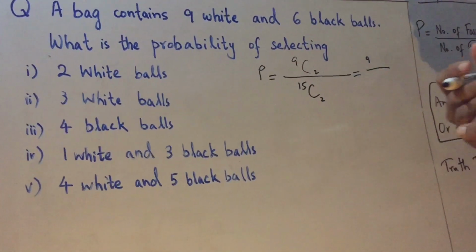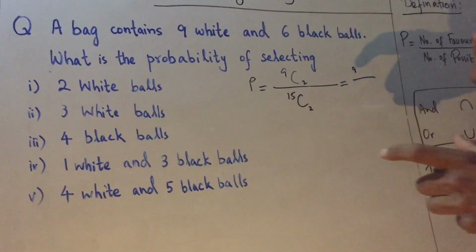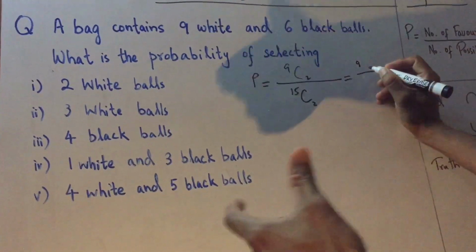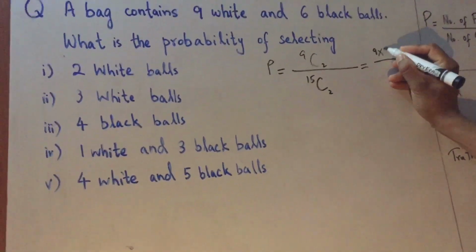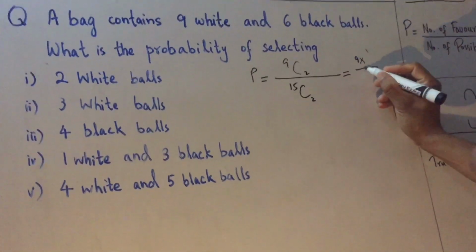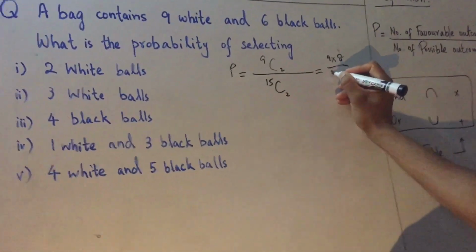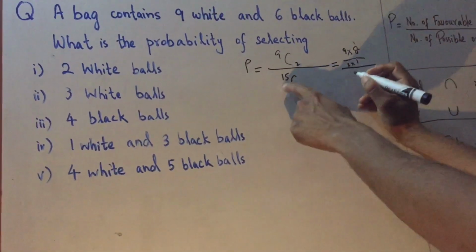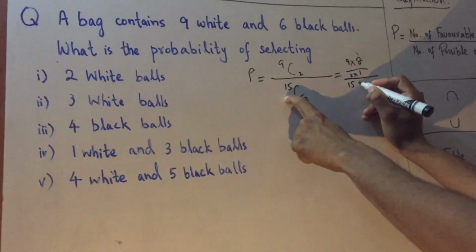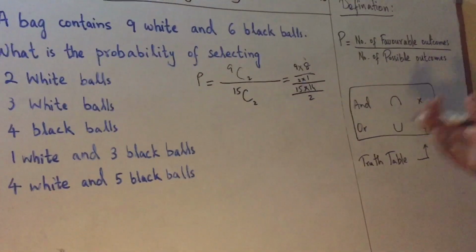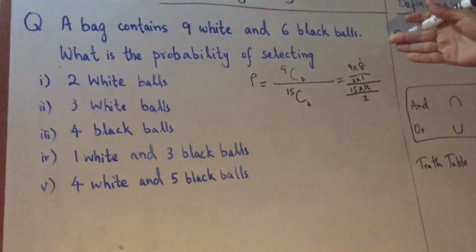So we use descending multiplication: 9 times 8 in the numerator, and in the denominator 2 times 1. Similarly, for the denominator here, 15C2 is 15 times 14 divided by 2 times 1. You solve it at home.